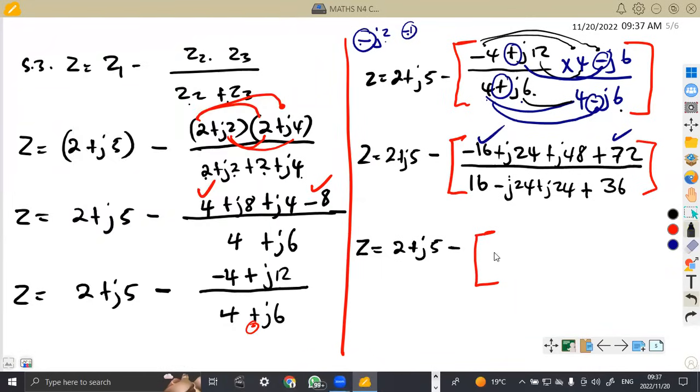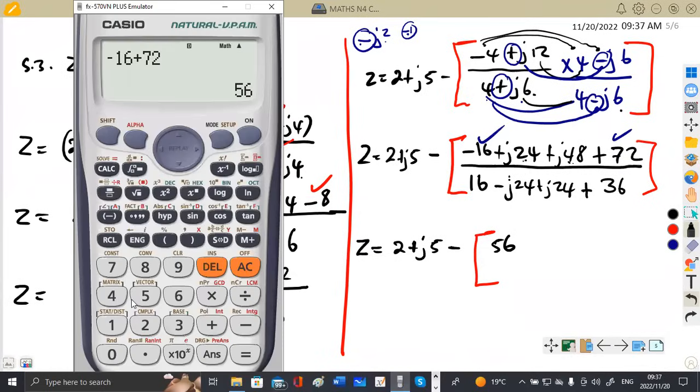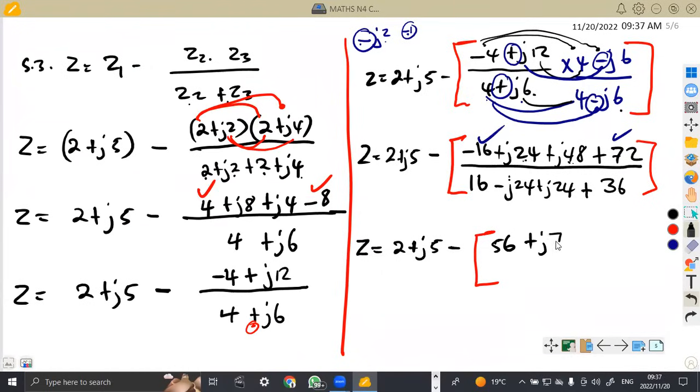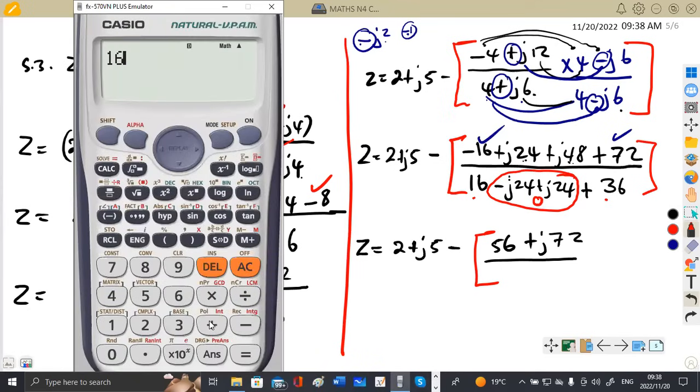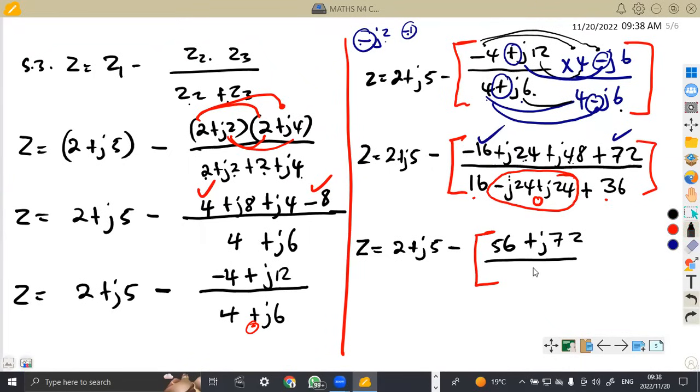So this was going to be 56. 24 plus 48 on j and j, these are like terms, so we're going to add 24 and 48, which is 72, so it's plus j72 over, as we can see, these two are the same, so this is going to cancel. Minus j24 here and j24, this is going to give us a 0. So we are left with 16 plus 36, sorry, which is 52. So we've got 52 here.